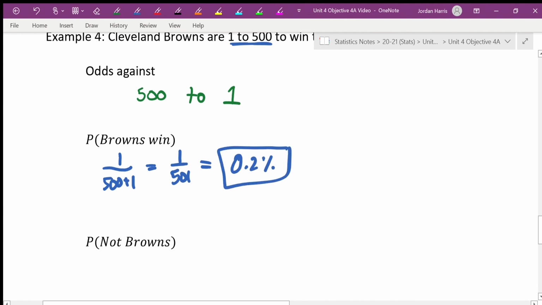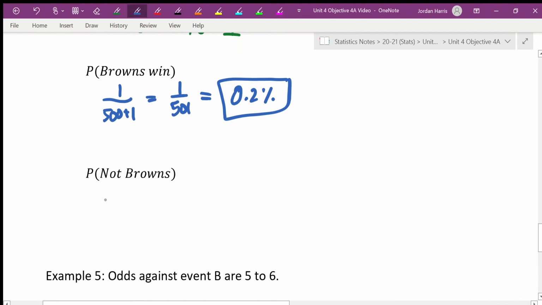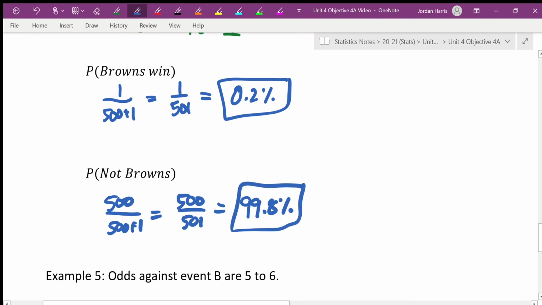Based on those odds, the Browns have 0.2% of winning the Super Bowl. Not Browns, 500 divided by 500 plus 1, which is 500 over 501, which we can divide, and we get 99.8%, which notice is a complement. I could have just actually subtracted from 100 and gotten the same answer.